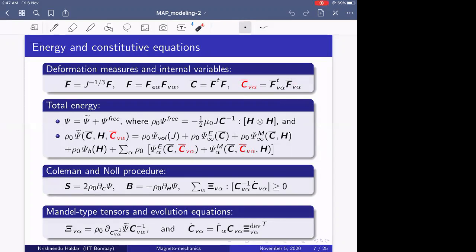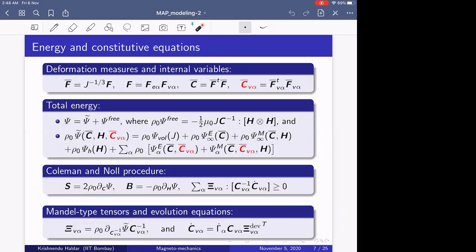So this is one possibility: to set the C V alpha, or the viscous deformation related to the viscous part of your Maxwell elements, as one of your internal variables. So this is phenomenological modeling and an internal variable approach. We have state variables and the way we identify them. There are other possibilities, but here we identify our internal variables with the C V alpha.